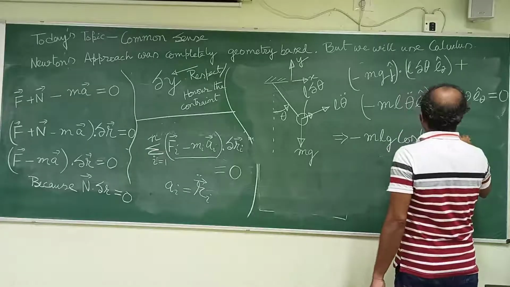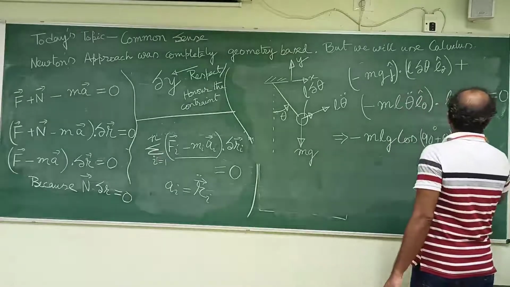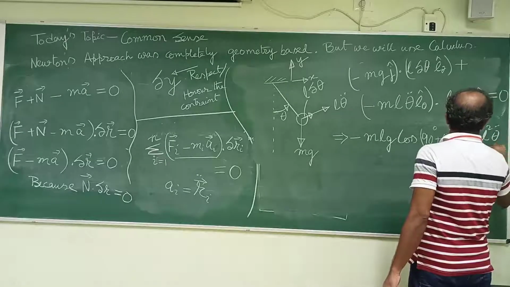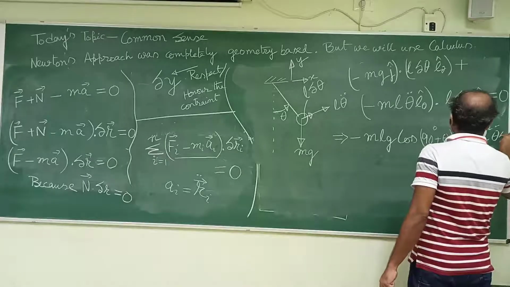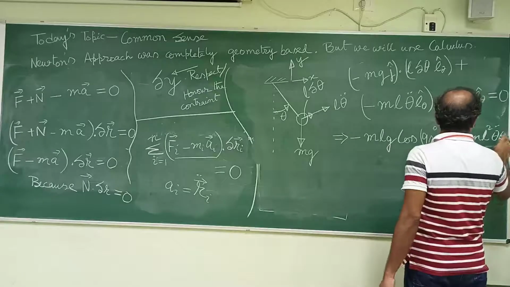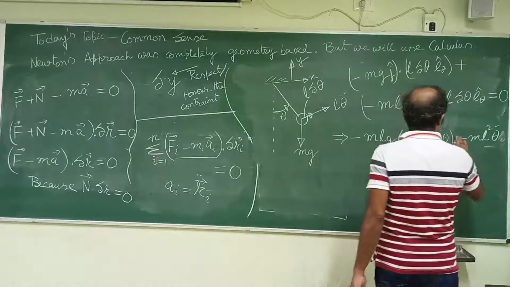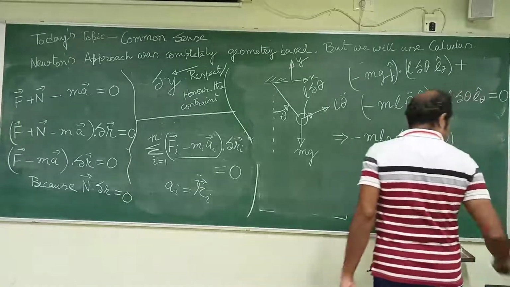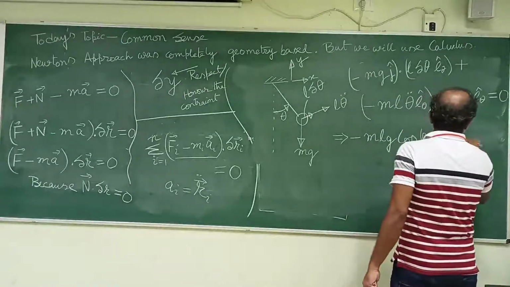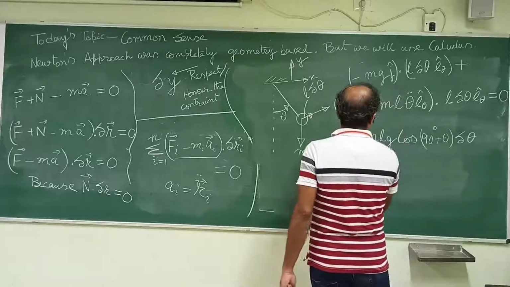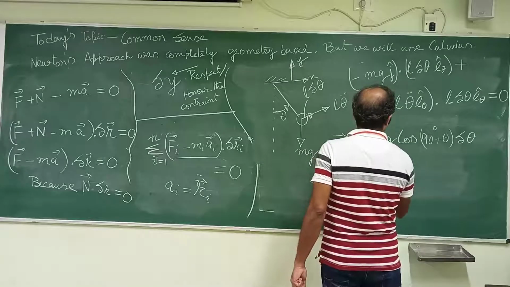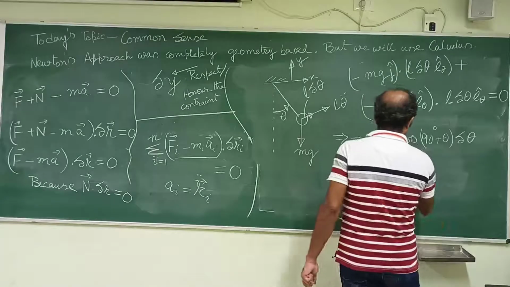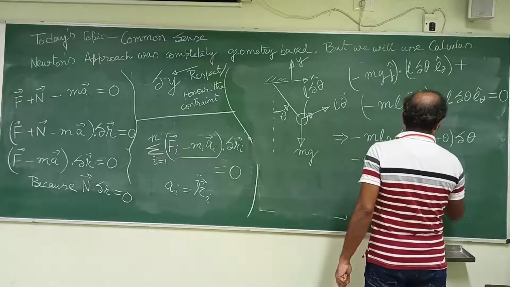And this part is going to be minus m L square theta double dot multiplied by delta theta. Just a minute, it is not done. Over here that delta theta is going to be there: minus m L square theta double dot delta theta.